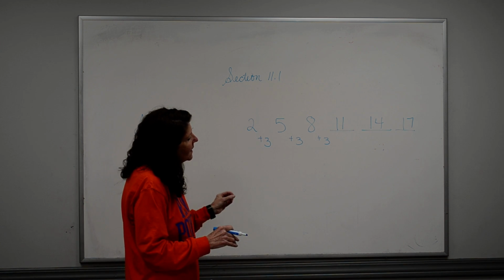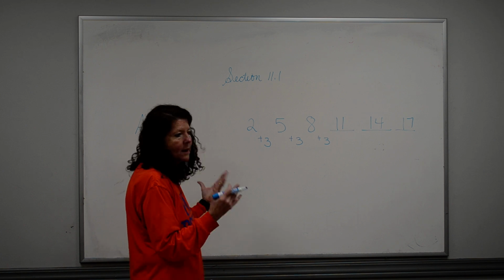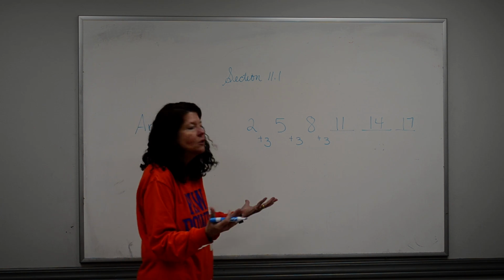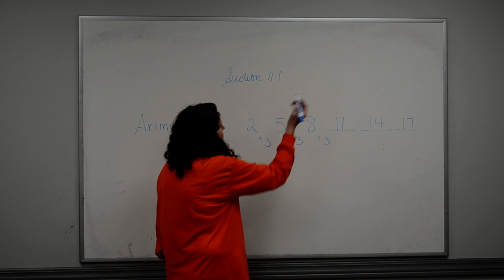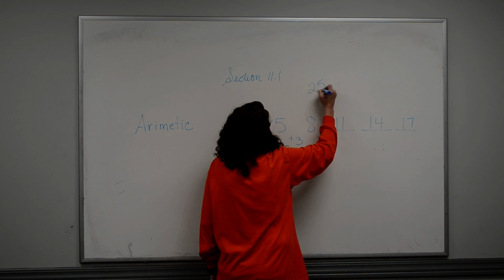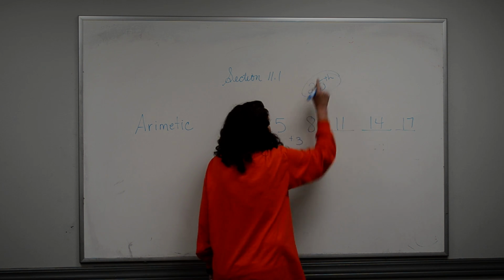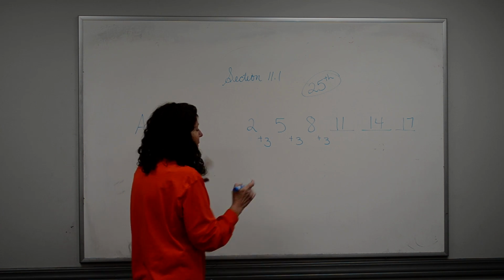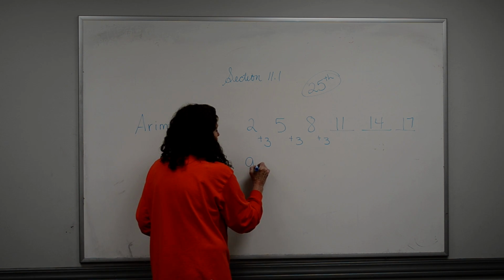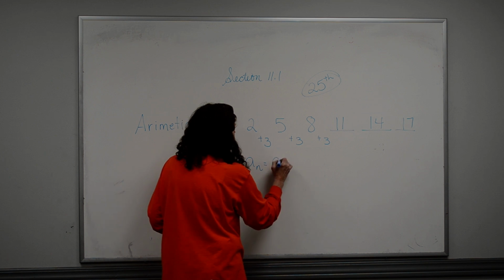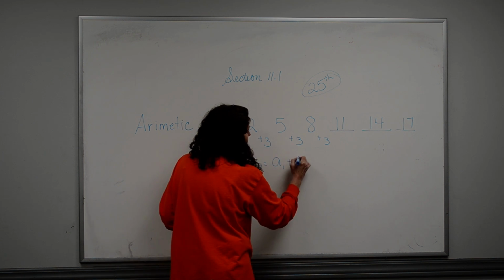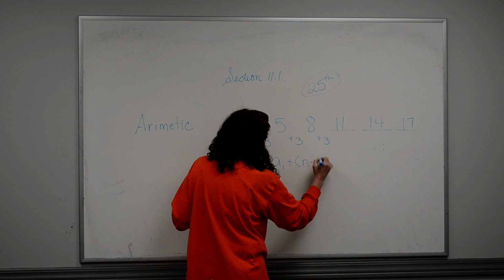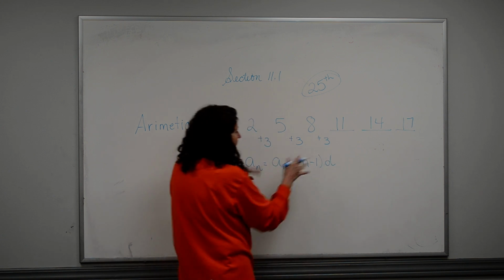But that's not a very practical way to do it if they were to ask you for like the 100th term of the sequence. So let's say I want to find the 25th term of this arithmetic sequence. There is a formula that I'm going to use: a sub n is equal to a sub 1 plus n minus 1 times d.